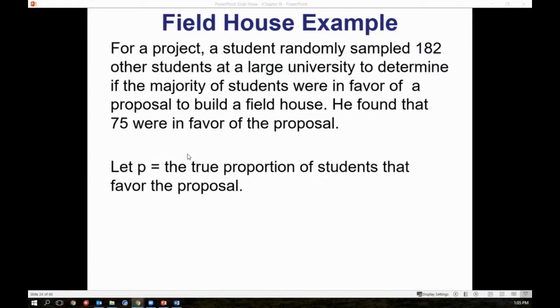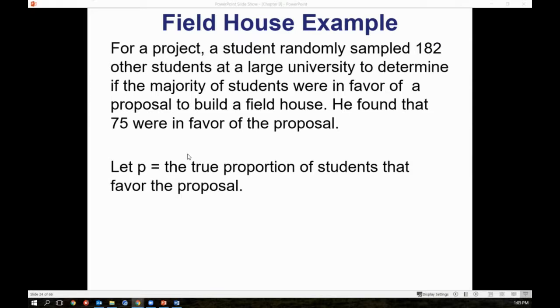Let's look at a field house example. We're going to start with this example and we're going to end with this example to an extent. Okay, for a project, a student randomly sampled 182 other students at a large university to determine if the majority of students were in favor of a proposal to build a field house.